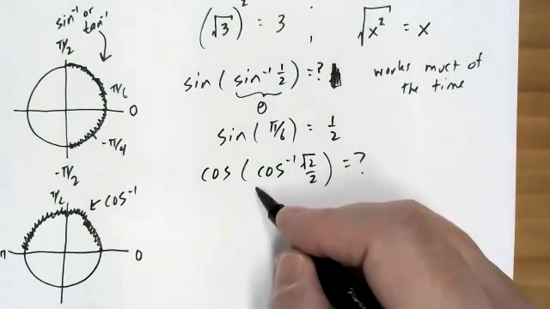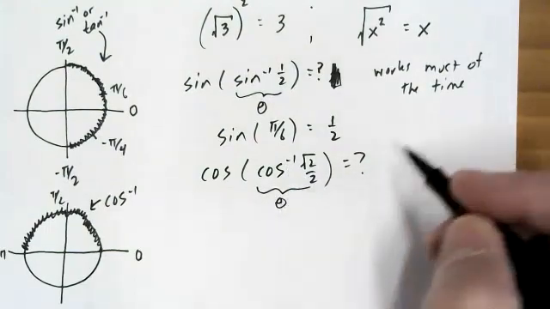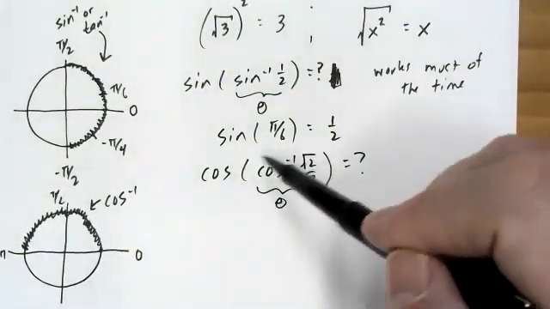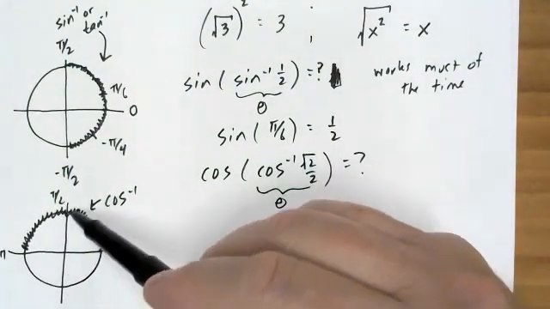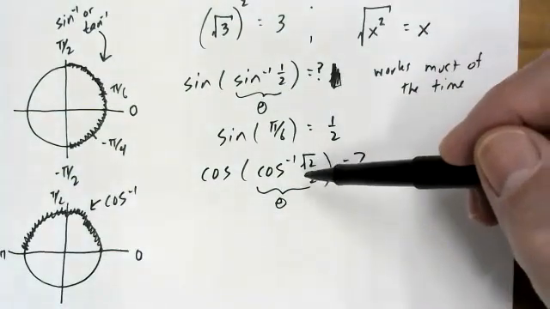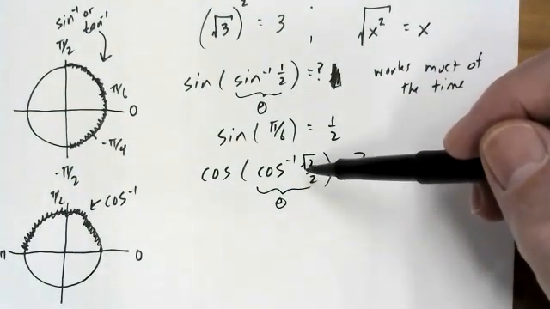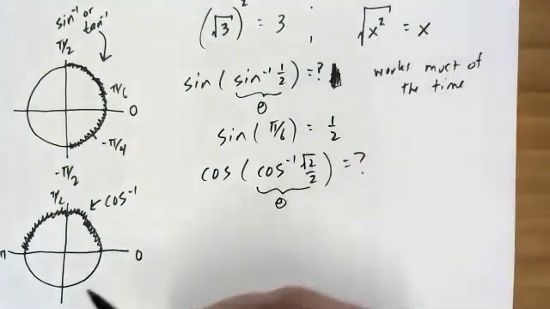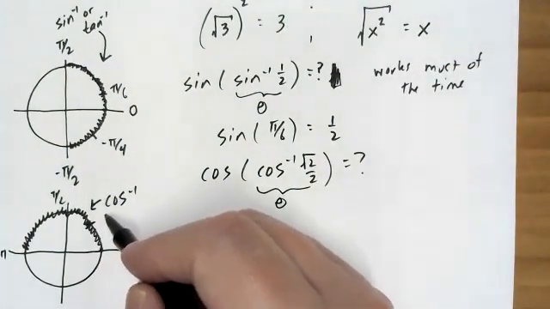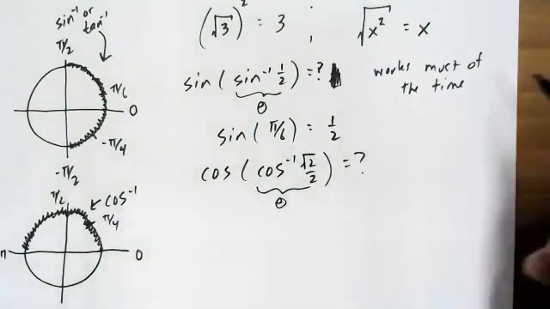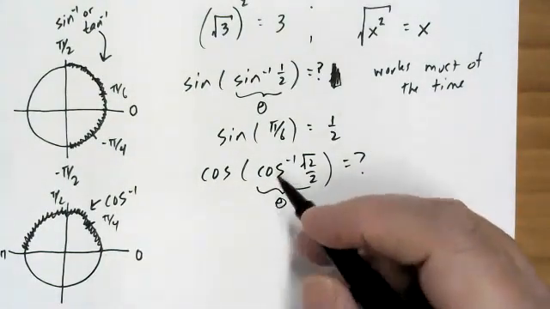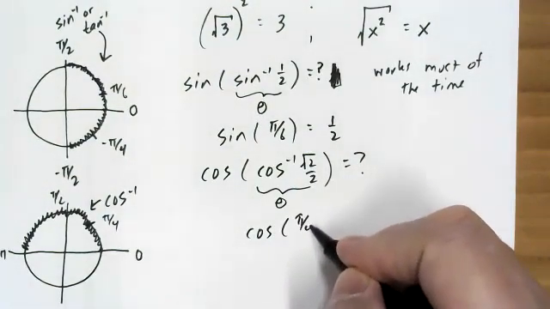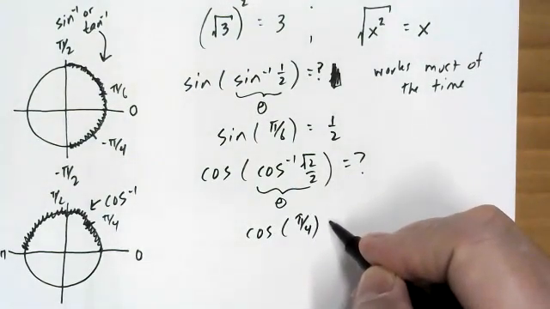So once again, this is an angle. I'm looking for the angle, and once again, since it's an inverse cosine, the angle has to be in the top half of the unit circle. I'm looking for the angle where the cosine is square root of 2 over 2. Well, that happens at pi over 4, right? So theta is pi over 4. So what I have now is the cosine of pi over 4.